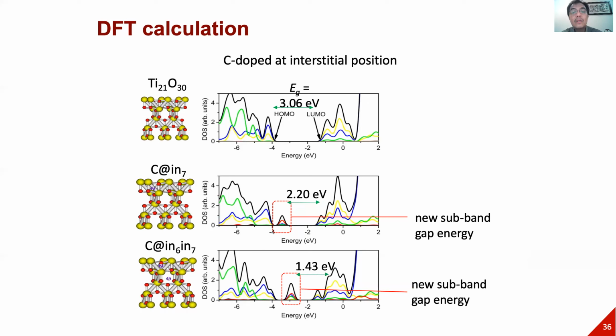A similar result was observed for carbon doped at the interstitial position. For carbon doped at the interstitial position, carbon doping reduced the band gap energy by the creation of a sub-band gap energy between the valence band and the conduction band.